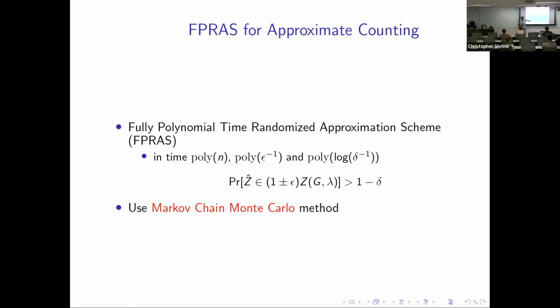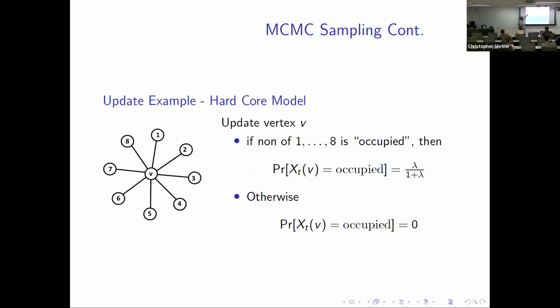And we also saw yesterday this example. So we have this star graph, and suppose that at time t we update vertex V. How does the update rule work here?